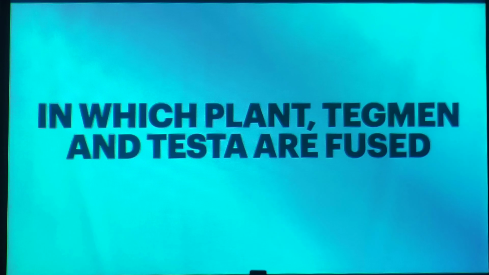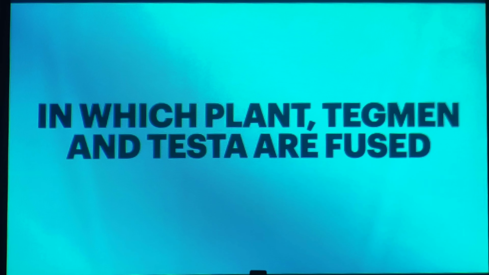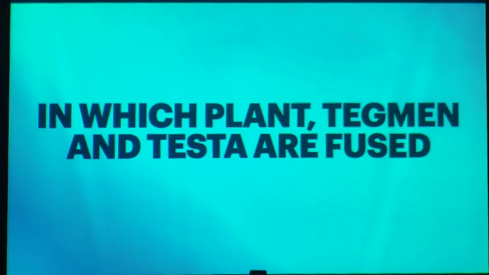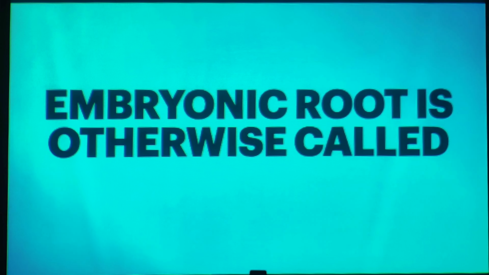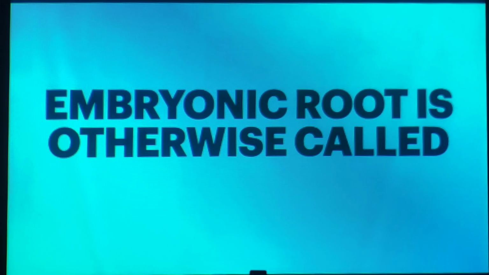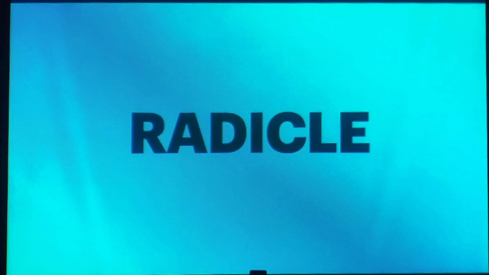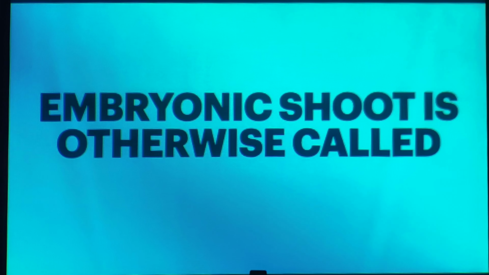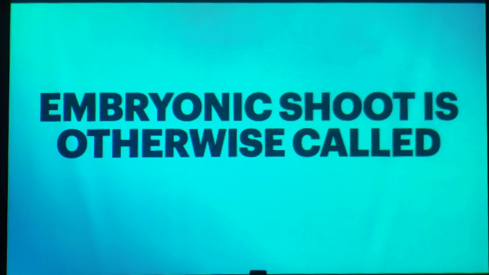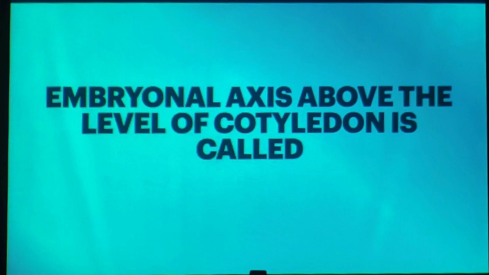In which plant tegmen and testa are fused? Pea plant. Embryonic root is otherwise called radicle. Embryonic shoot is otherwise called plumule.